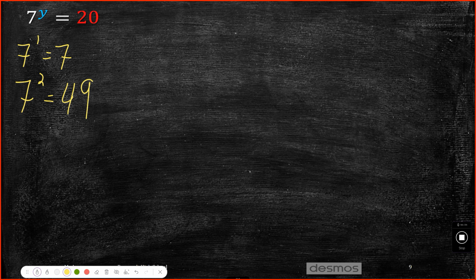So you know that this number here, y, is between 1 and 2. Yes or no? So now the question is, something between 1 and 2, how can we really get that number? What would be that number? Exactly. How are we going to do it?